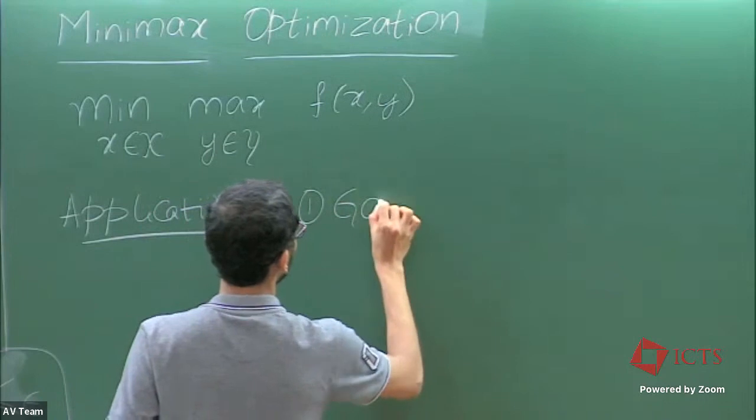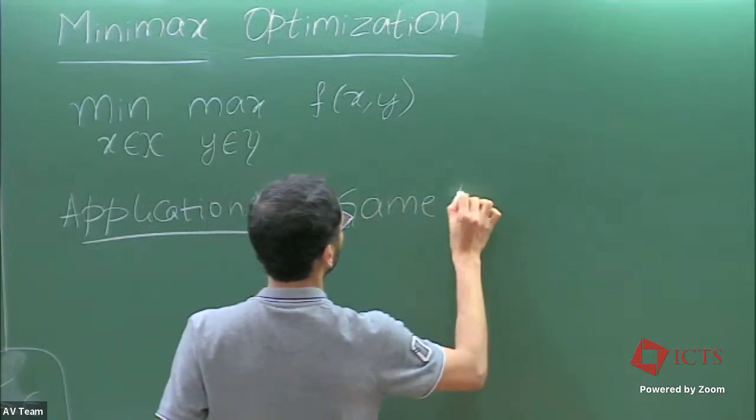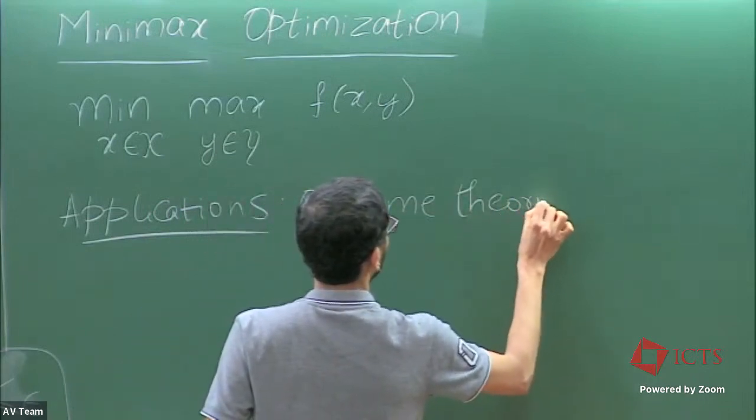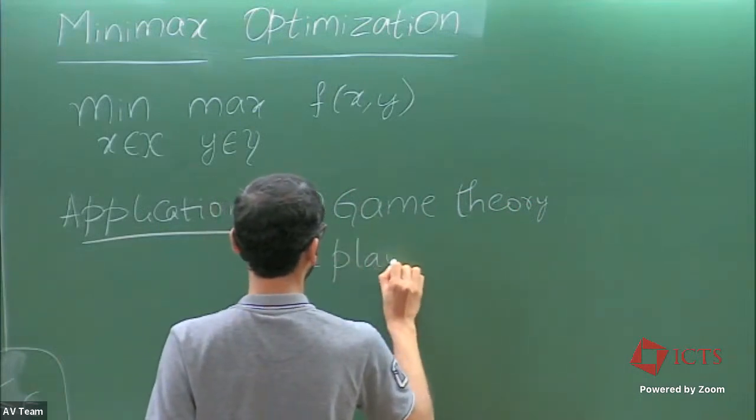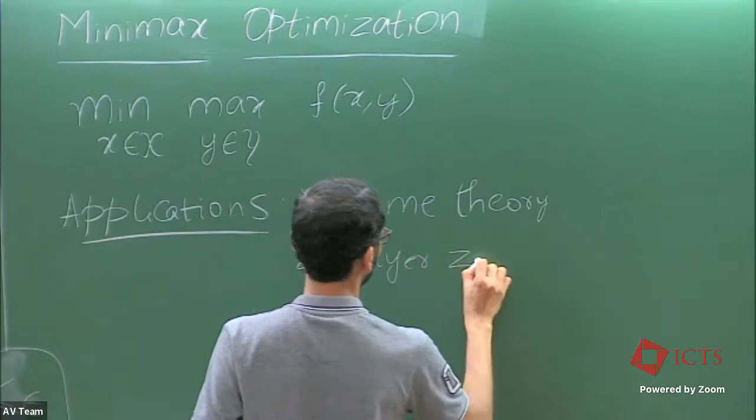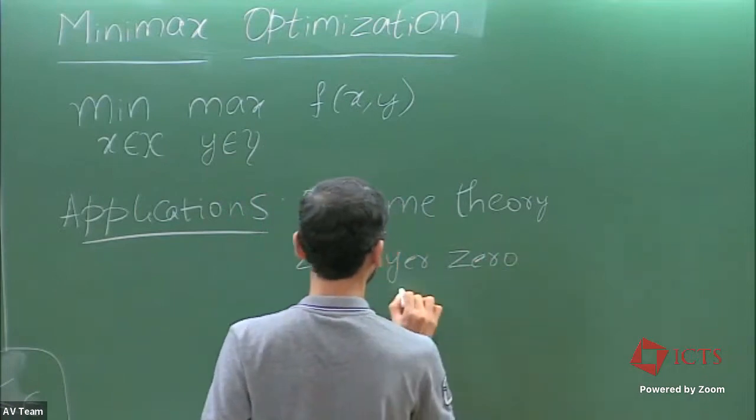So one is in game theory, where these are called two-player zero-sum games.